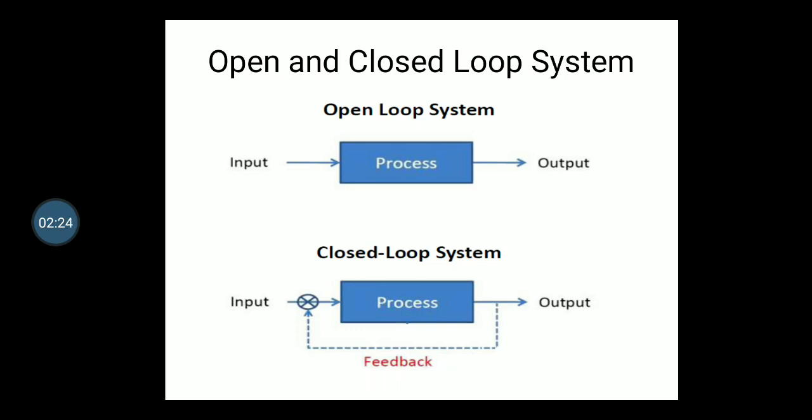Let us see the best example for an open loop system, the example of a traffic signal. Now what happens in the traffic signal? The traffic system controls the traffic signal of the vehicles on the road. Now how does it control? It doesn't have to worry about the length of the traffic jam.